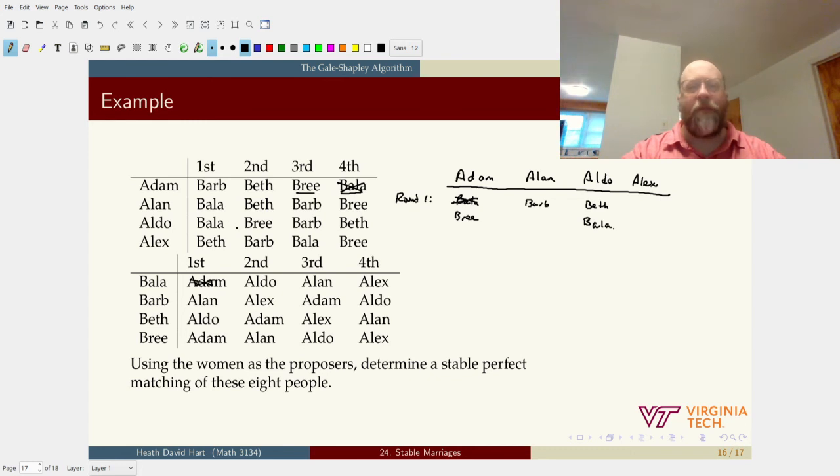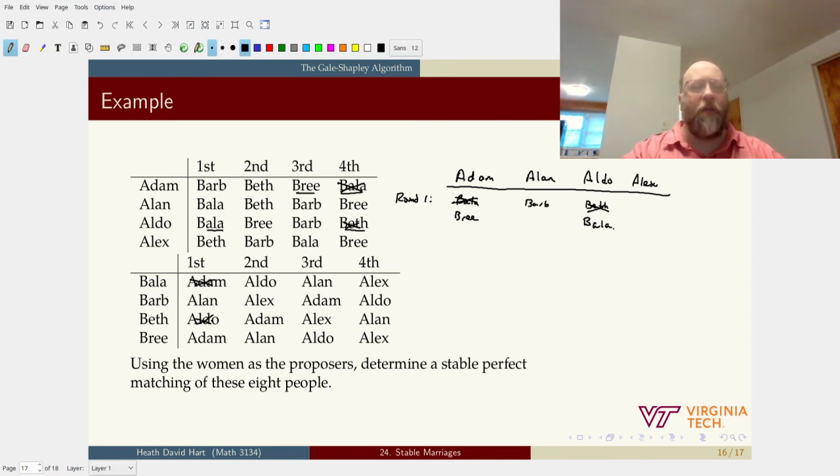And now Aldo has to make a choice between Bala and Beth. But Aldo is very excited because Bala is who he wanted, and Beth is his least favorite partner. So Aldo says no to Beth, and now Beth is without a partner.